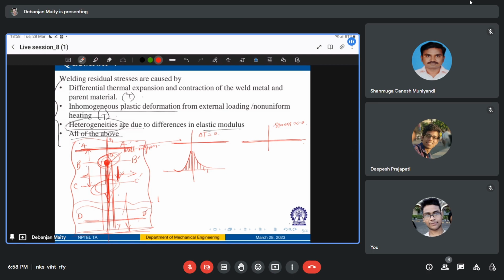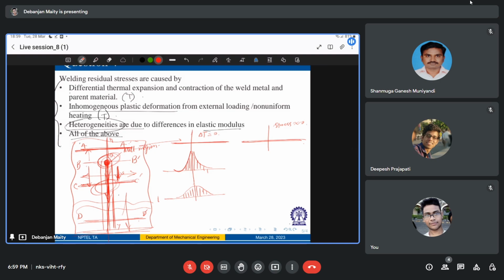Any confusion up to here? No, sir. Okay. The same thing will happen for this section also, but the profile will be a little bit flattened.